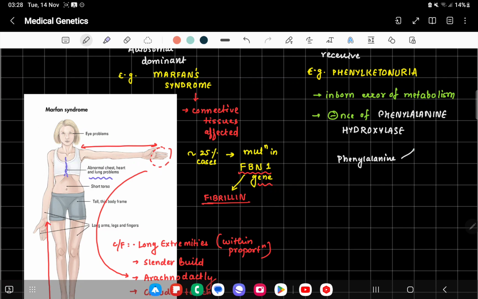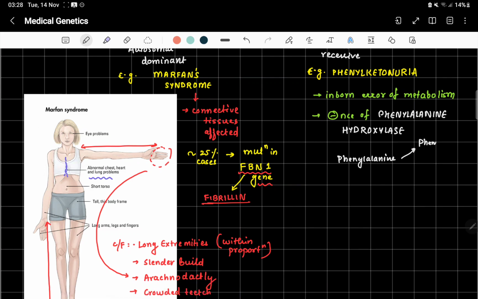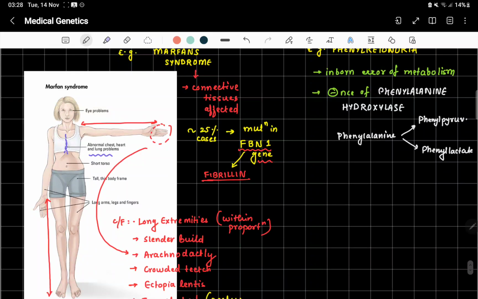Phenylalanine is converted into phenyl pyruvate and phenyl lactate, and the urine has a mousy odor. These are biochemically significant facts, so I'm not going into much detail.